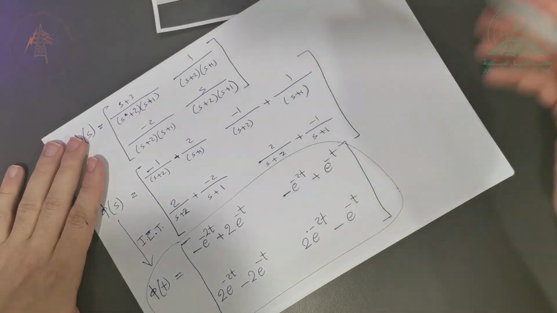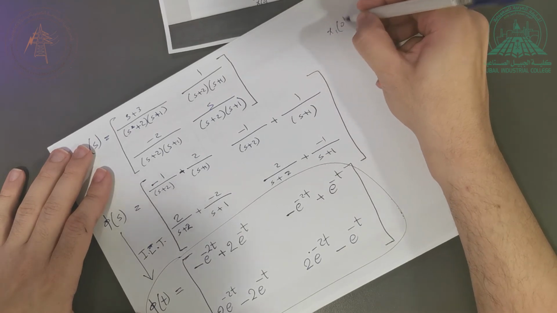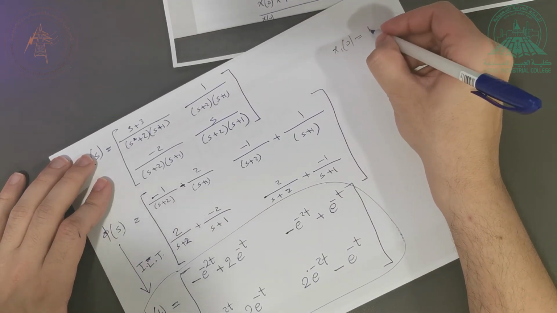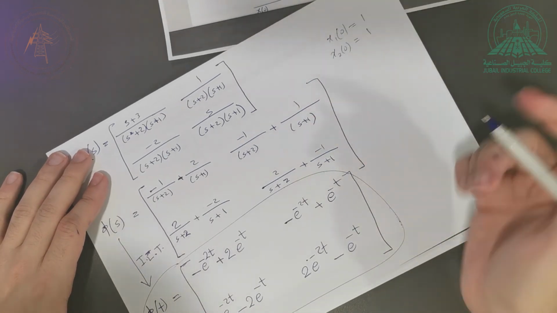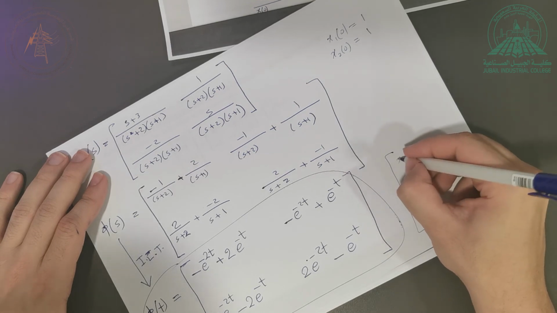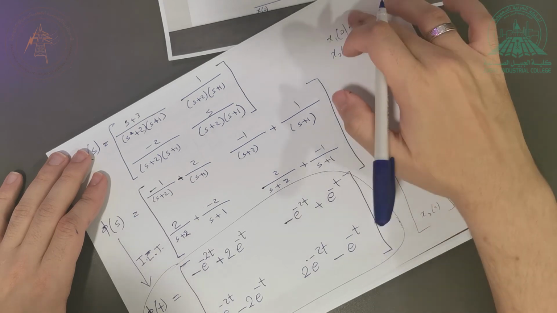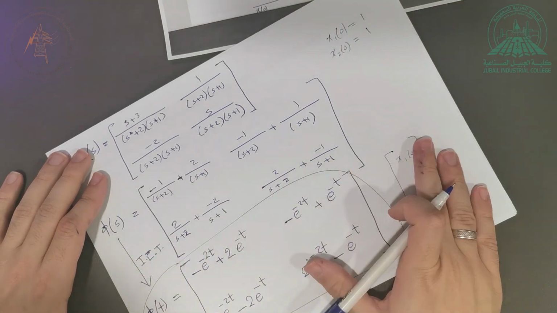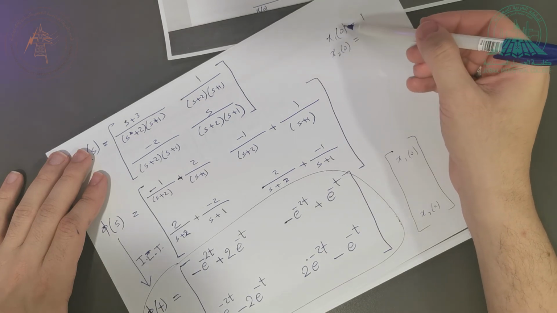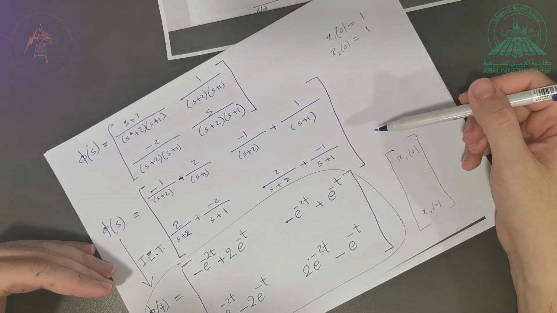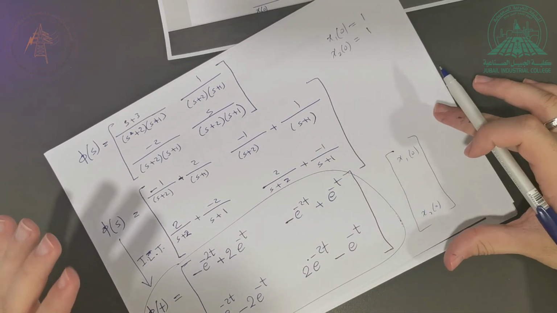But if you want, for example, if you have x1 of 0, so for example 1, and x2 of 0, so also 1, take them here, x1 of 0, x2 of 0, which are these two values, put them here, you multiply them, and instead of getting x1 of 0, x2 of 0, you are going to get the values after any time that you like. You are going to get some expression.